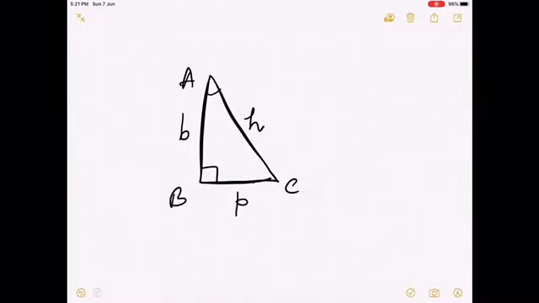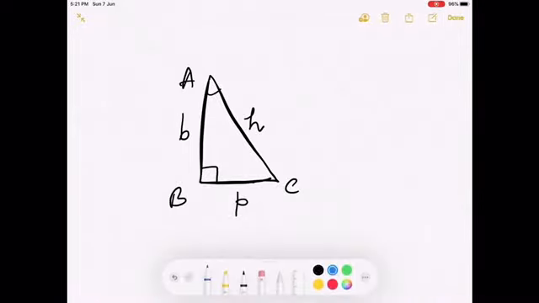Now let me just clarify one more thing. As I told you that the angle of reference is important, when I was considering A as the angle of reference, then BC was the perpendicular and AB was the base here.